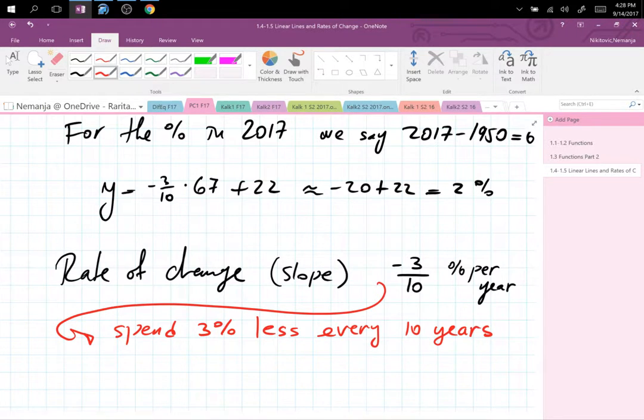That's why we calculate that. So I know that roughly every 10 years it should drop 3% out of the percentage that we have allocated for food. Which means that in 23 years, we don't get food anymore.